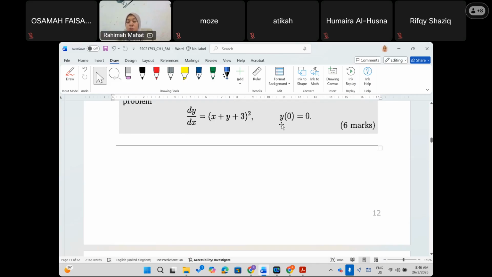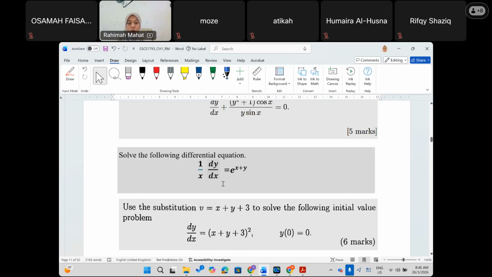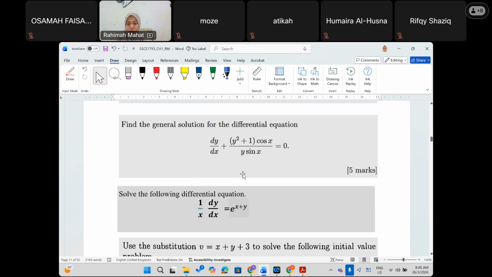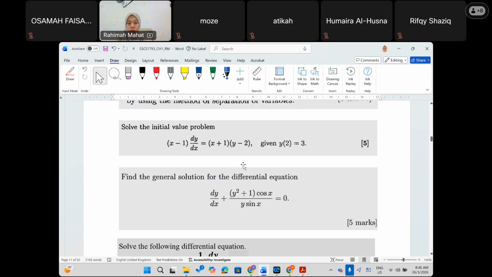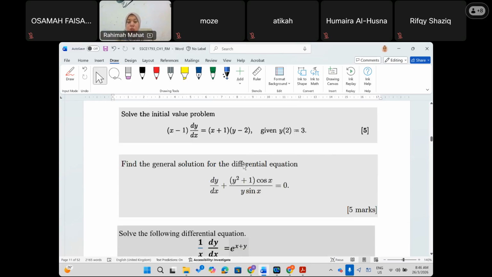And this one is not given to you the boundary condition, so you just leave your answer with the constant. Also this one. Please try, okay? I already uploaded the notes PDF in your e-learning. So please try.